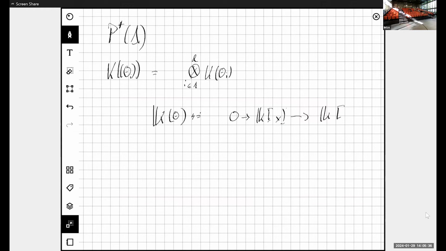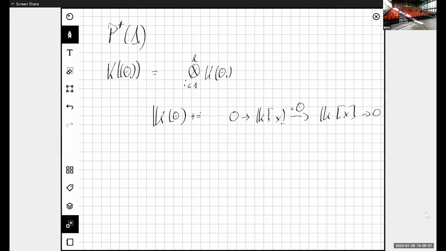X, right? And I have the multiplication by this little theta. Right? So this is a very short complex. And when I tensor it, I get this nice complex on the exterior algebra.